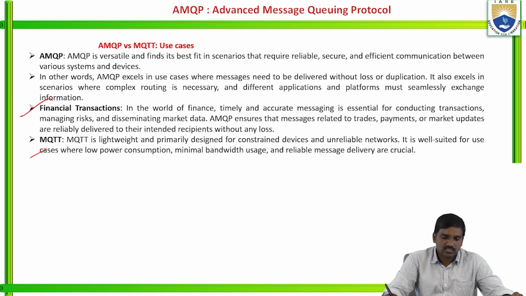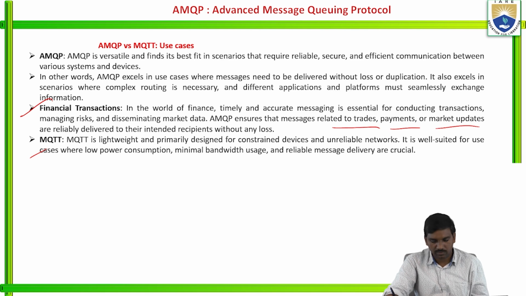In the world of finance, timely, accurate messaging is essential for conducting transactions, managing risk, and disseminating market data. AMQP ensures that messages related to trades, payments, and market updates are reliably delivered to their intended recipients without any loss. So this is about some use cases of AMQP and MQTT.